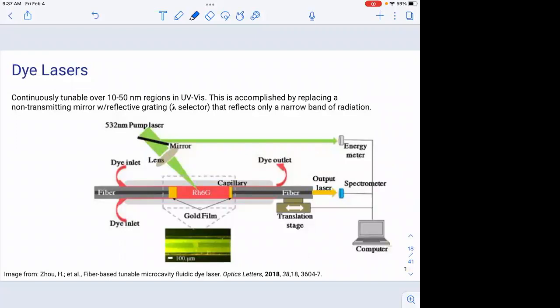The nice thing about a dye laser is that it's continuously tunable in the UV-vis, and that's accomplished by replacing a non-transmitting mirror with a reflective grating. We'll talk more about wavelength selectors in a little while, but basically it reflects a narrow band of radiation that you can select.